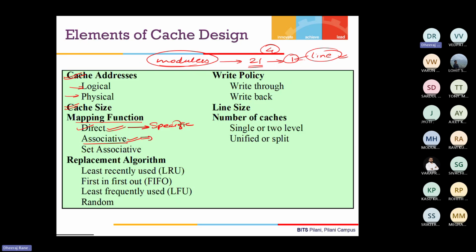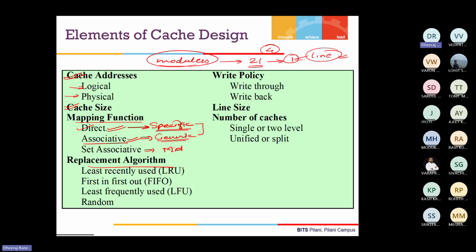Here in associative, it will be somewhat generic. What I was telling you is, can we place it in any of the line numbers? Set associative is the mid solution of both of them, taking advantage of both direct as well as associative, where you can decide what exactly the algorithm will be.